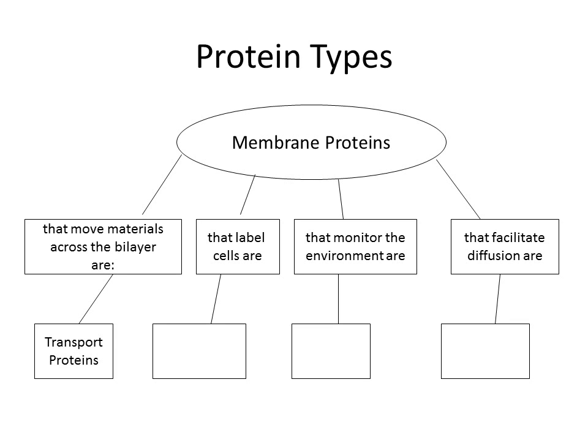Some membrane proteins label cells; we call those cell surface markers. Others that monitor the environment are the receptor proteins, while those that facilitate diffusion are different forms of enzymes. This summarizes the way that proteins can assist in getting particles through and control the communication and flow of information between the different cells.